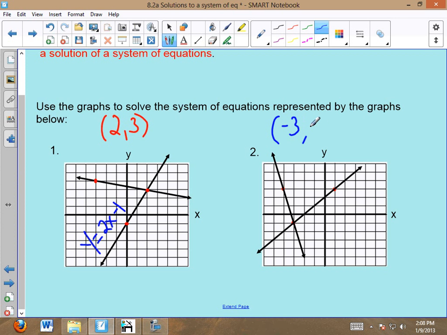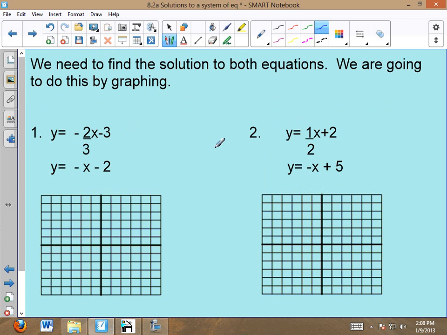Negative 3, negative 1. Excellent. Where the two lines cross, that is your answer. Okay? So now we're going to go a little bit further. Is anybody finding this confusing? No. Where the two lines cross, that's your answer.